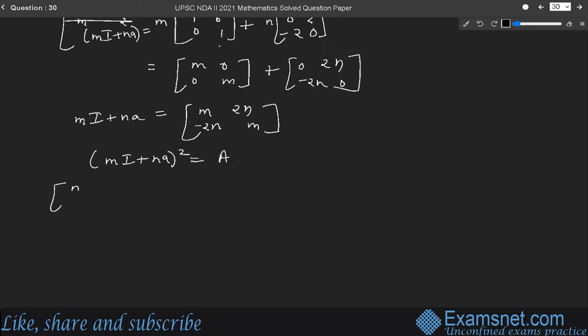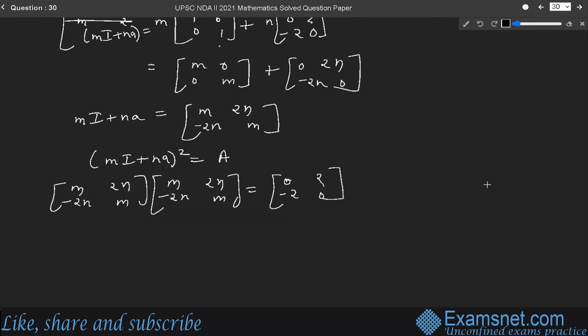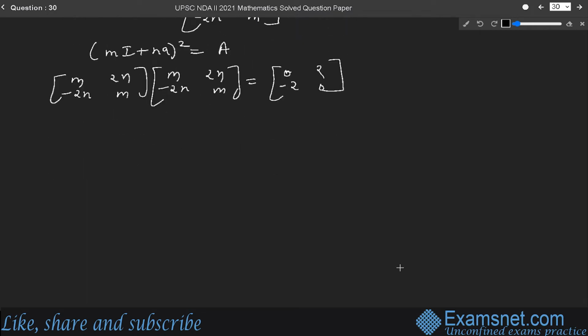So it will be [m, 2n; −2n, m] again into [m, 2n; −2n, m] is equal to [0, 2; −2, 0]. This is the equation. We have put the values here. So on further multiplying, we will get [m² − 4n², 4mn; −4mn, m² − 4n²] is equal to [0, 2; −2, 0].